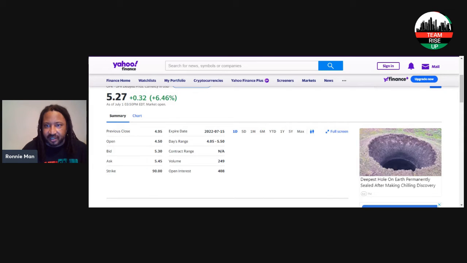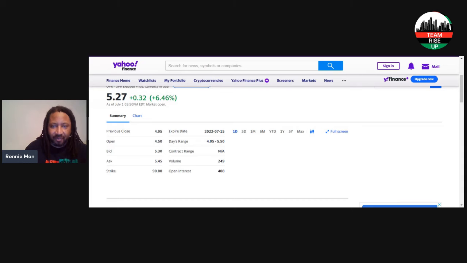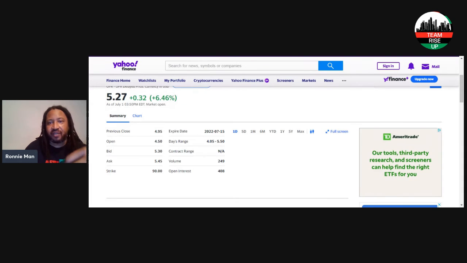Okay, let's look at this. I believe this is the Moderna play from a couple weeks ago. Yeah, Moderna. So on the 15th, entered Moderna calls, 130 strike price. The open price, the price at the open of the contract that day, was 413.